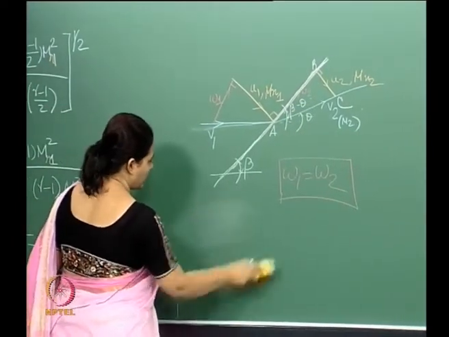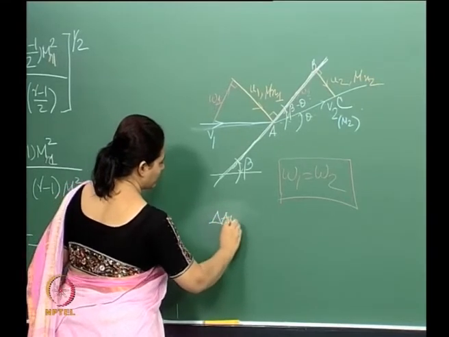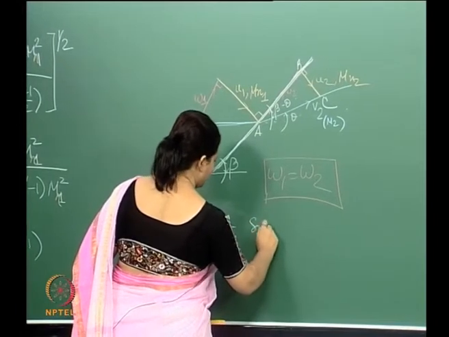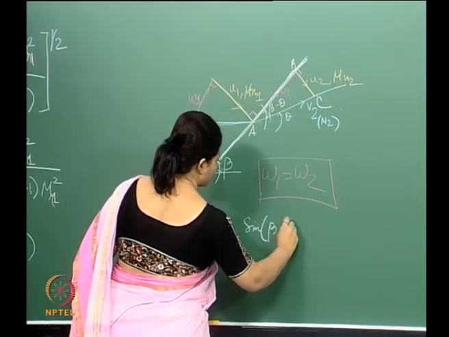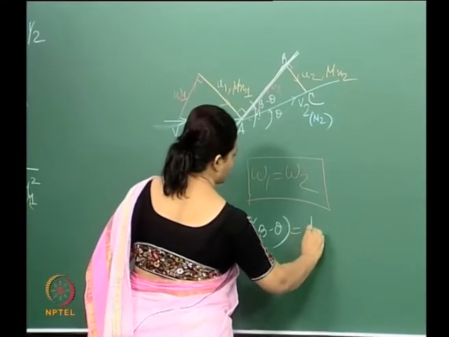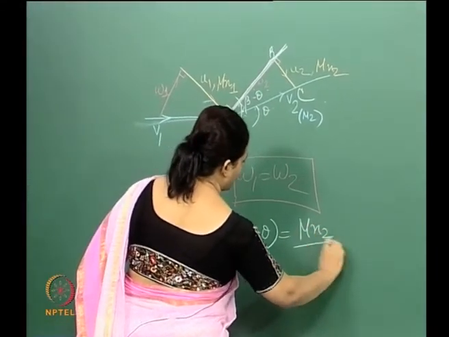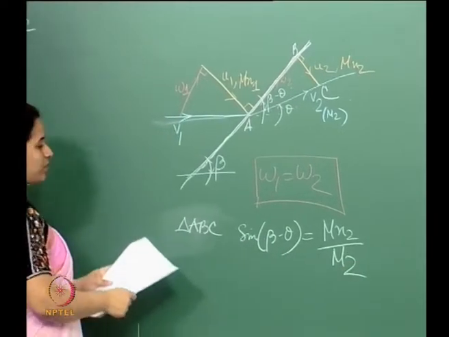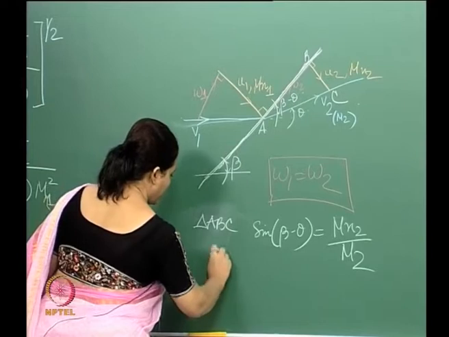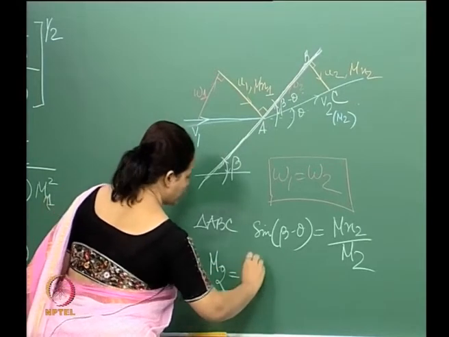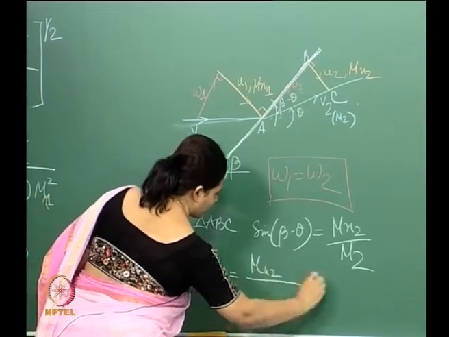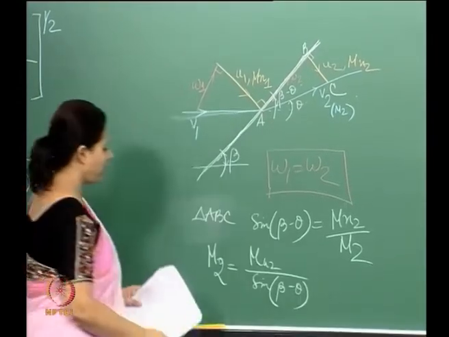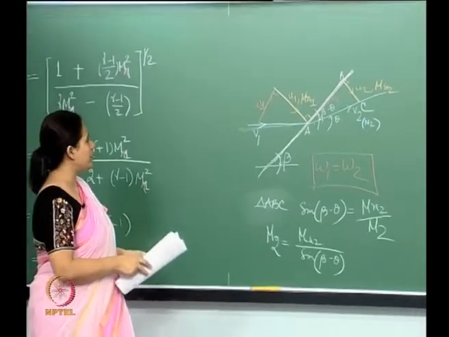So if I use this triangle, right, so what I get is, we get this, or basically you can write M2 equal to, okay, so this is an expression for M2.